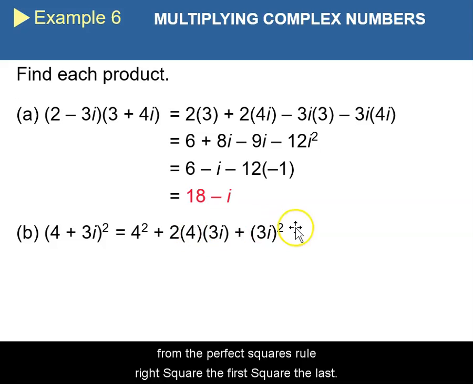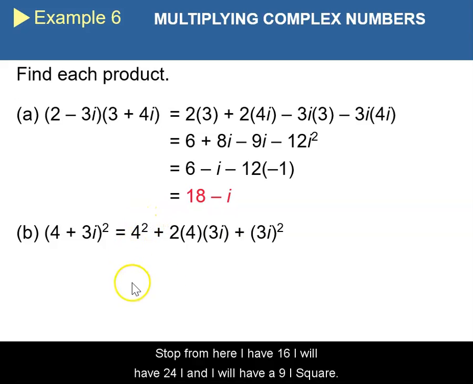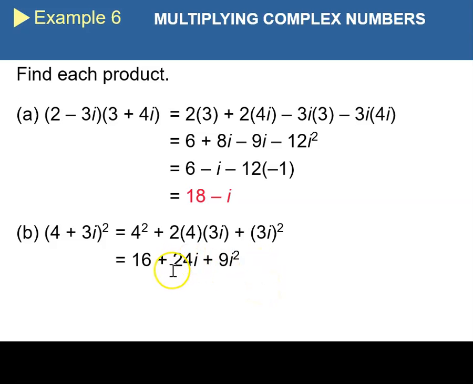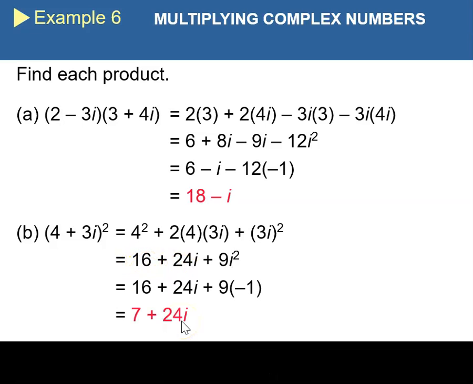So this is from the perfect squares rule, right? Square the first, square the last, multiply the two terms, and then double it. Okay, so from here I'll have 16, I will have 24i, and I will have a 9i squared. Okay, this is really just negative 9, so that gives me a 7 plus 24i.